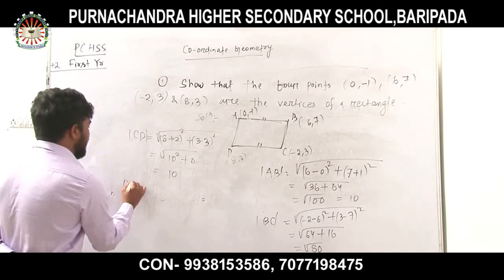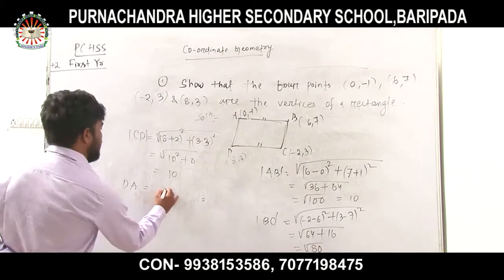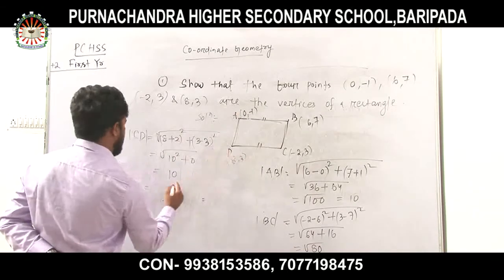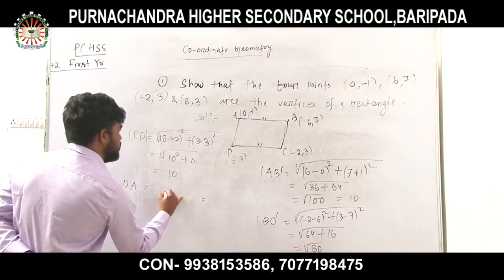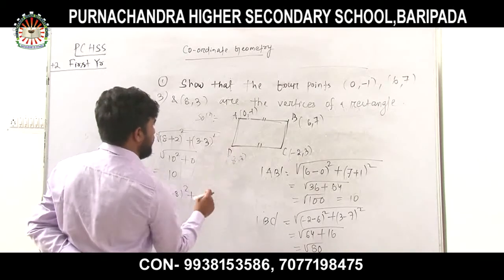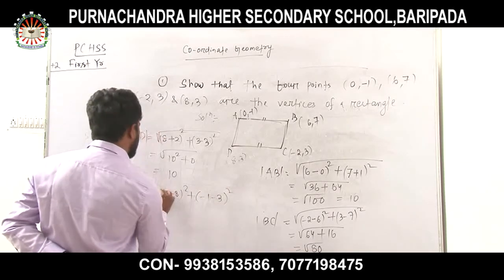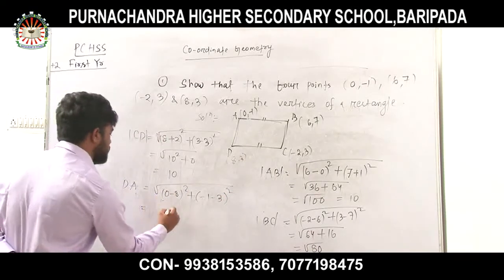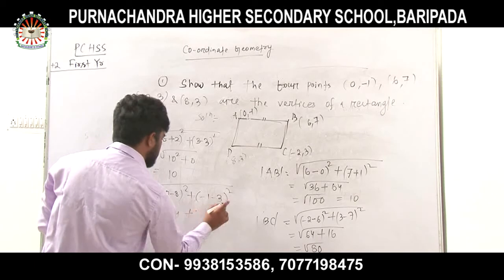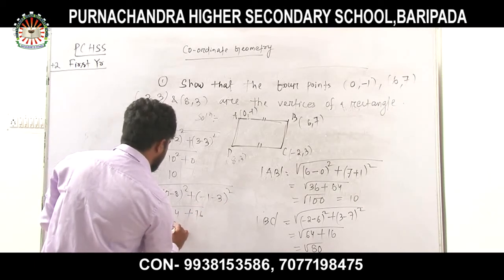Then DA equals (8 minus 0) square plus (3 minus (-1)) whole square, that is 64 plus 16, 80.